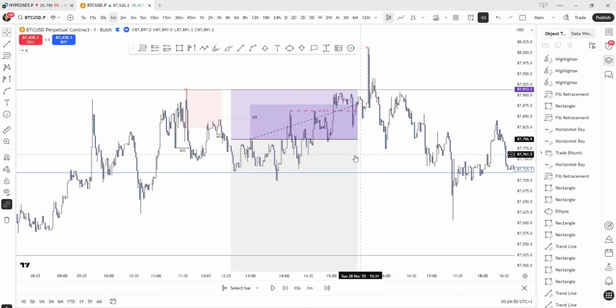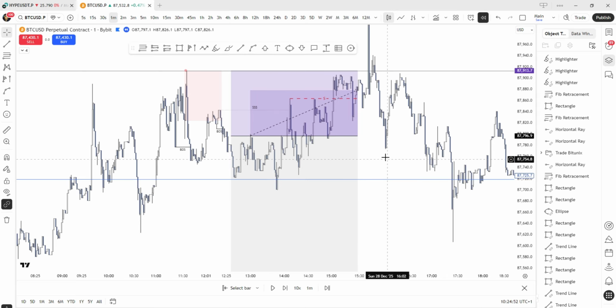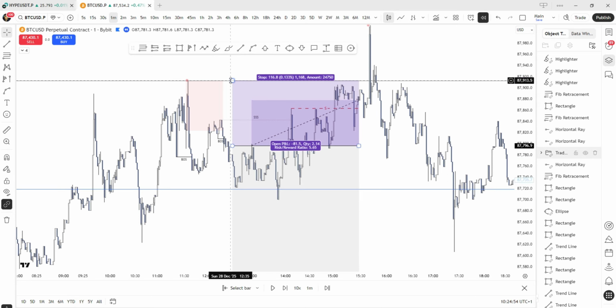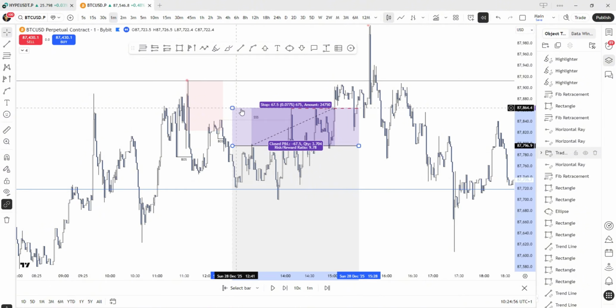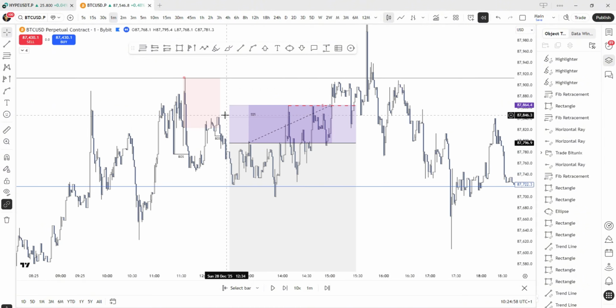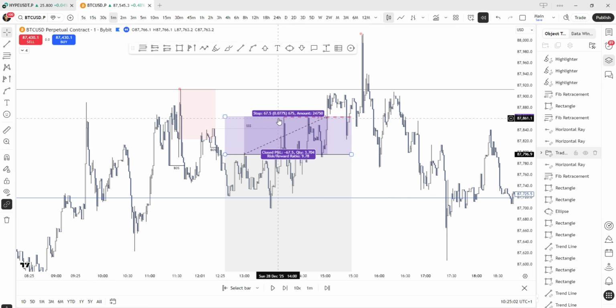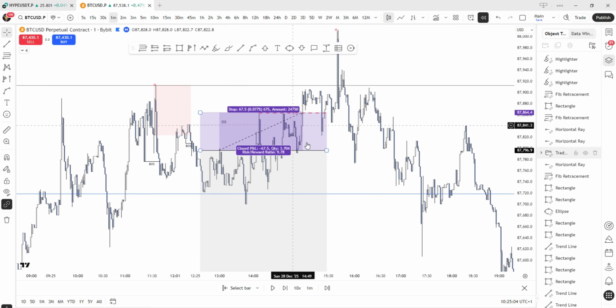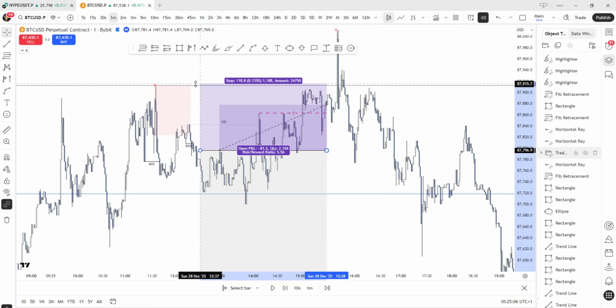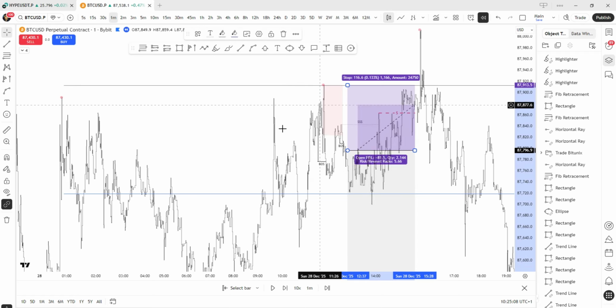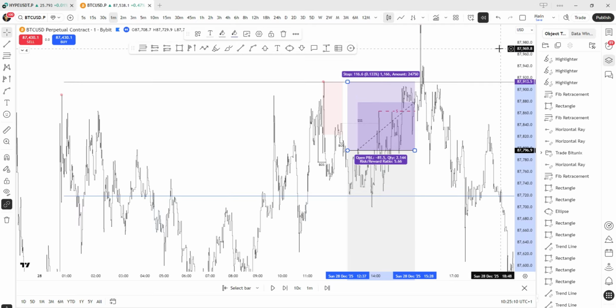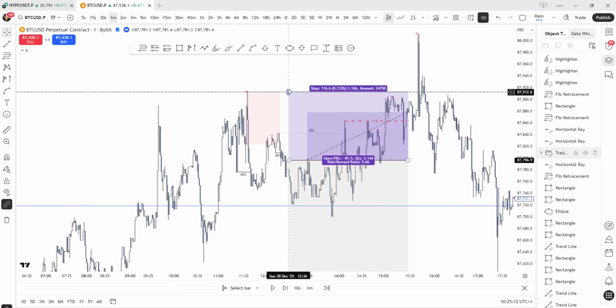What I did, because I did not want to exit manually, I just traded my stop loss after we grabbed the liquidity right here. I traded my stop loss till here, and yeah, basically got stopped out for a 0.5, and I only risk here on a 0.5, so basically I lost 0.25.